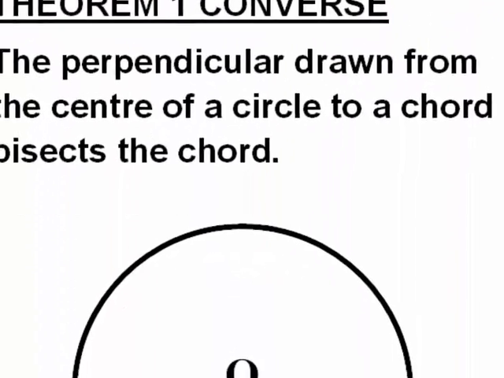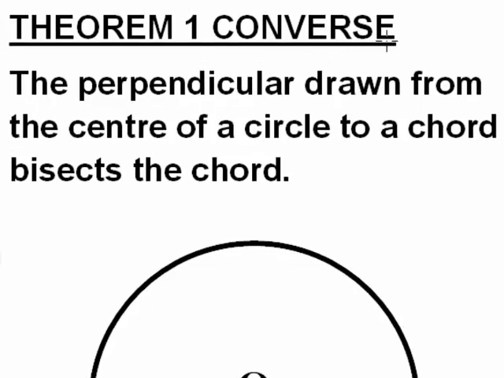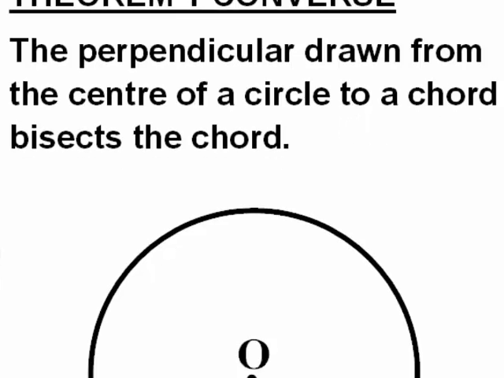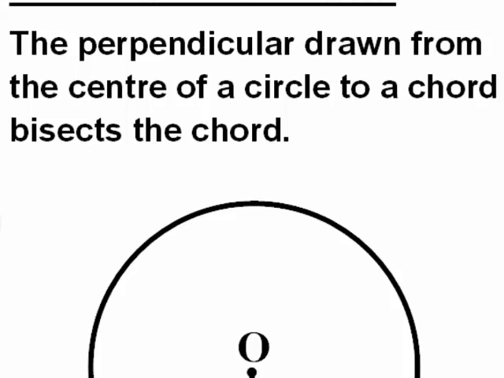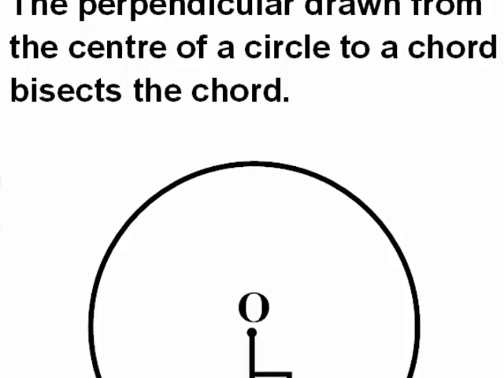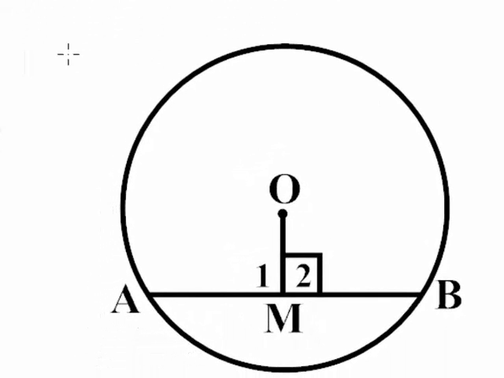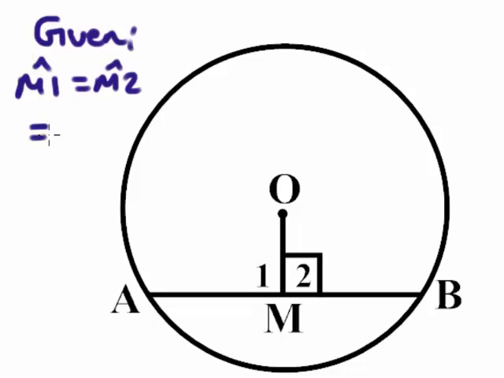Now, if you look at the converse theorem, this wouldn't really be asked in an exam, but to do it is very useful, and it also involves congruency, but another case. So I think it's worthwhile doing it, but you won't really be getting that in the exam to prove. It says the perpendicular drawn from the center of a circle to a chord bisects the chord. What are we given in this case? We're given that M1 is equal to M2 is equal to 90 degrees.